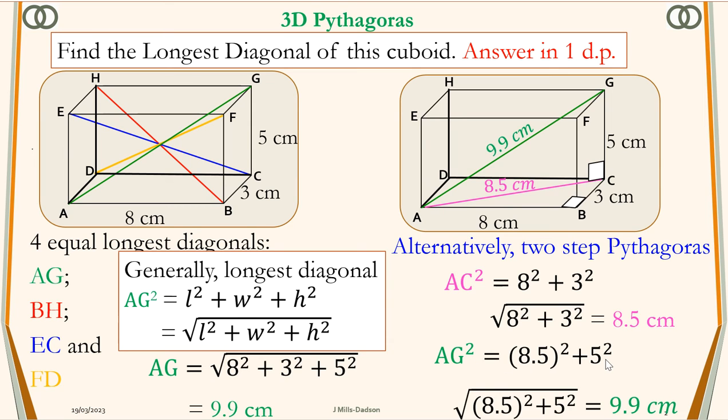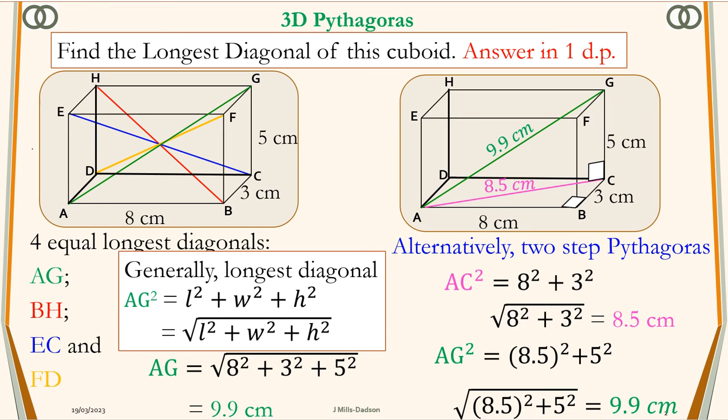And finding the square root on both sides, we still have the same answer, 9.9 cm. So whichever method is correct, but the easiest one is always the square root of the sum of squares of all the dimensions. This is how to work out the longest diagonal of a 3D shape in a cuboid.